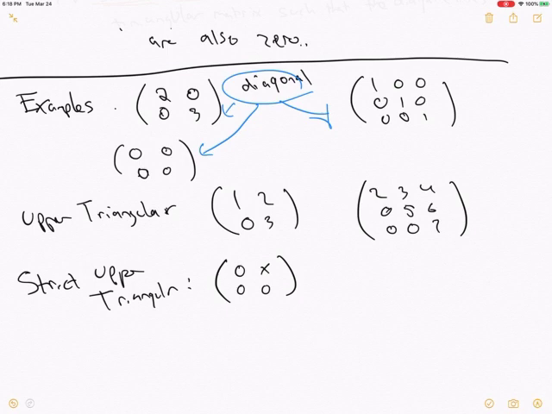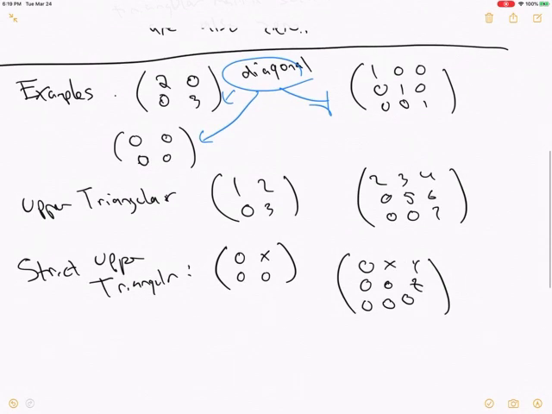It could be 0, but it goes there. Or if it's a 3 by 3 matrix, you have to have zeros along the main diagonal, and then all of the interesting stuff can only occur right there. So that's what strict upper triangulars look like, and similarly for lower triangulars.